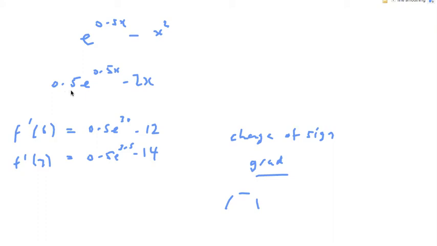Differentiate it, you get 0.5 e to the 0.5x, because it's a composite function, minus 2x of course. If you evaluate that by putting a 6 in there, we get 0.5 e cubed minus 12. Put a 7 in there, get 0.5 e to the 3.5 minus 14.